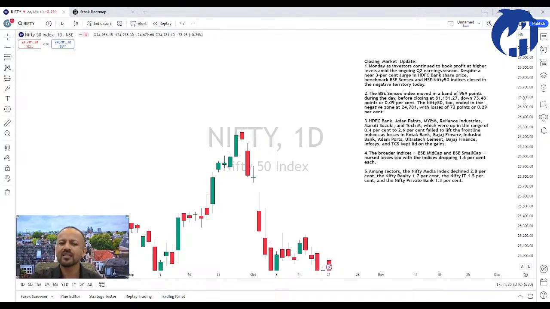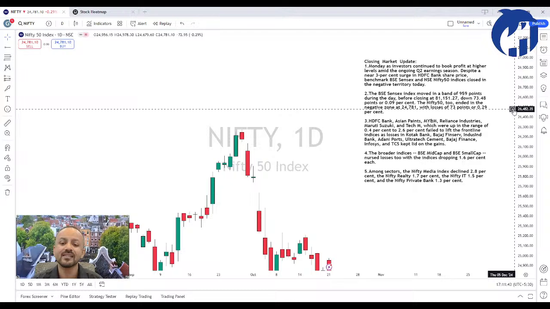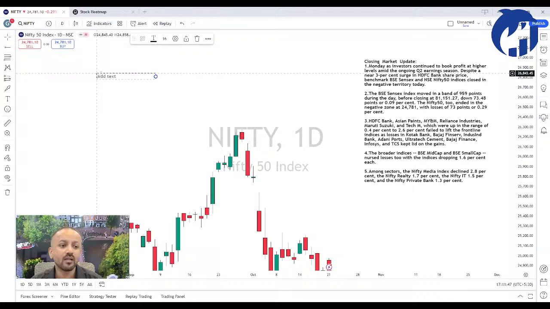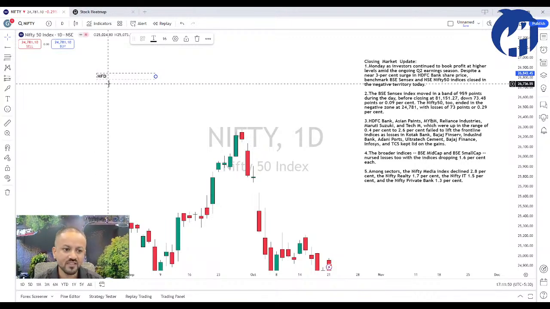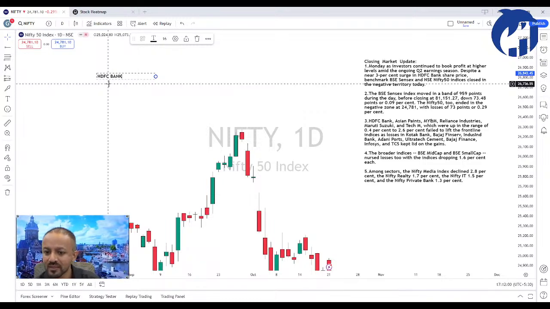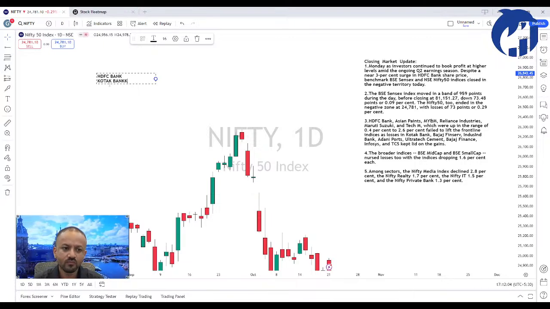Remember, it's a little less significant, but they still failed to lift the frontline indices as losses in Kotak. So look at these two. We're going to look a little bit into HDFC Bank. Remember, both of them are banks. And the other one we're going to talk about is Kotak Bank. Both of them being banks, when one has spearheaded at positive 3%.